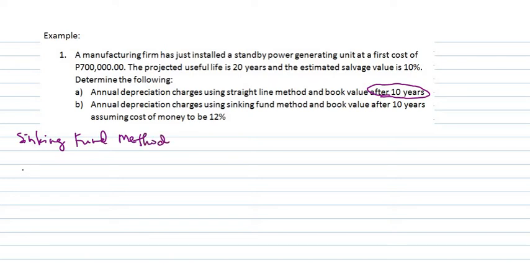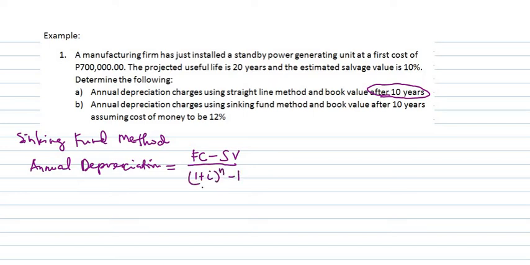Now in the sinking fund method, we usually find our annual depreciation, which is equivalent to the first cost, FC, minus the salvage value, divided by (1 plus i) raised to n, minus 1, all over i. This is how we find our annual depreciation, wherein i is the interest rate or worth of money.